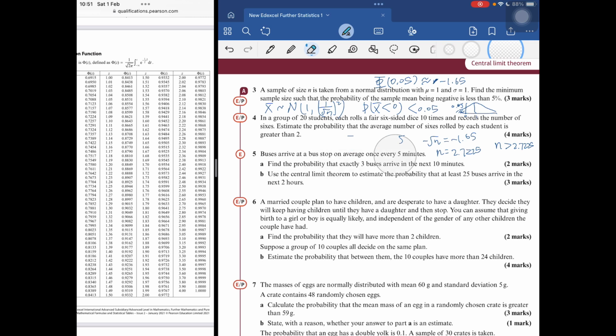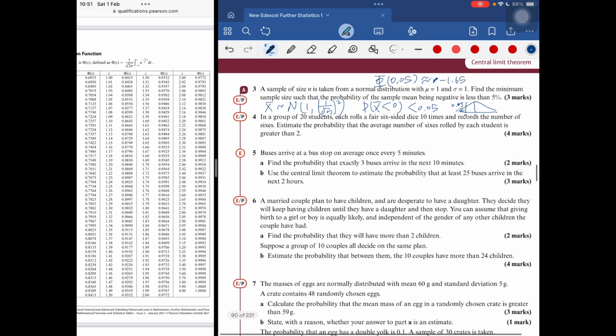Number 4. A group of 20 students each rolled the dice 10 times and recorded the number of 6s. So 20 students, each 10 times. So this is a binomial distribution. Each of them has n of 10 and probability 1 over 6, because we just record the 6.